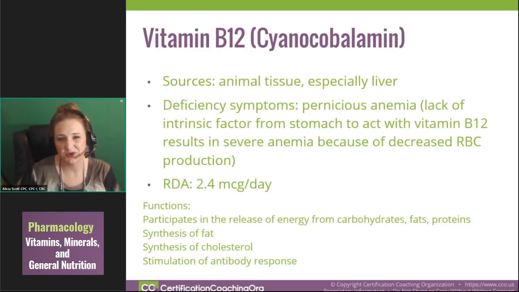It's very important, and it's pretty much a protocol that for the rest of my life, I'll take B12 injections, 2.4 micrograms a day. What does it do? It helps release energy from carbohydrates, fats, and proteins. Okay, so in other words, it processes the fat in our body. It also helps with cholesterol, and it helps with our antibody response, which is very important. Leads to other problems if we don't have a sufficient amount of that, correct?